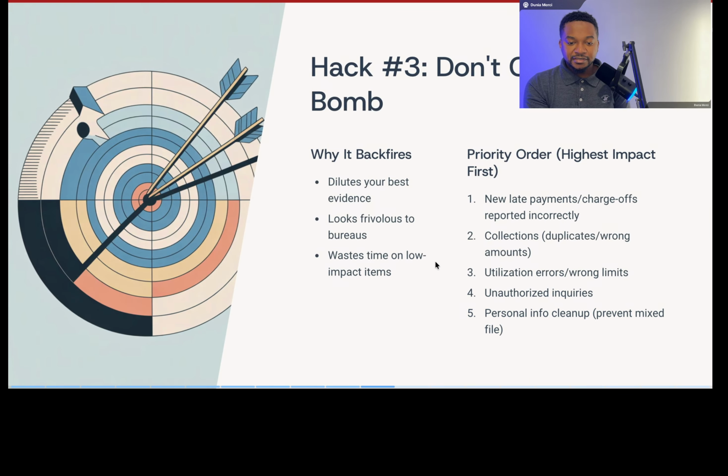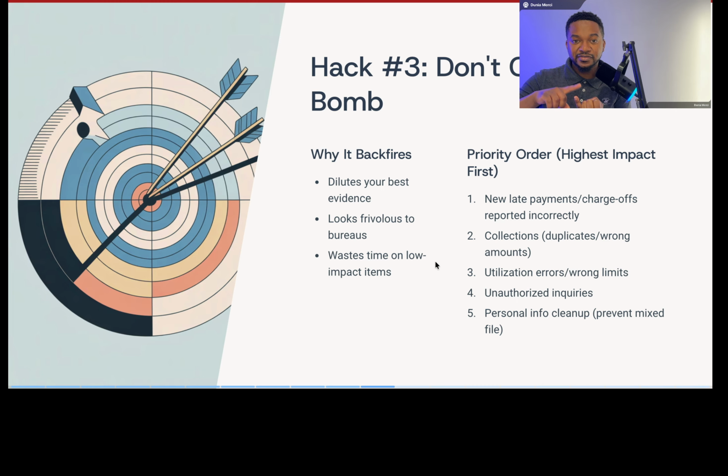All right. Another thing to note here is, how can I put this? Don't dispute too many items at once, right? Let's say it's a collection, charge off, late payment. Don't dispute all of those things on one letter. Let's say if you have more than 3 collections, you can dispute 3 collections.